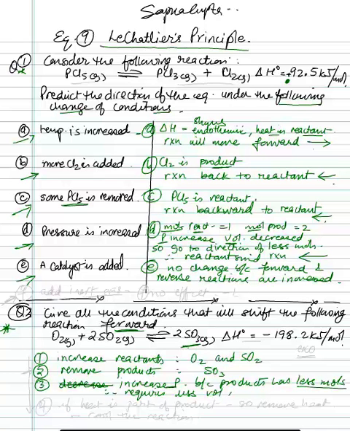Let's see what else we can do, because we are given delta H. This is an exothermic reaction. If this is an exothermic reaction, it means that heat is part of the product. So you have to remove the product, because that's what we did with number 2: remove products.